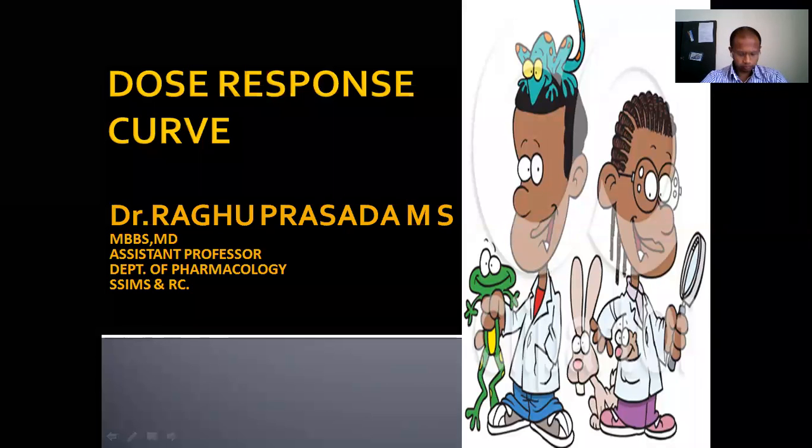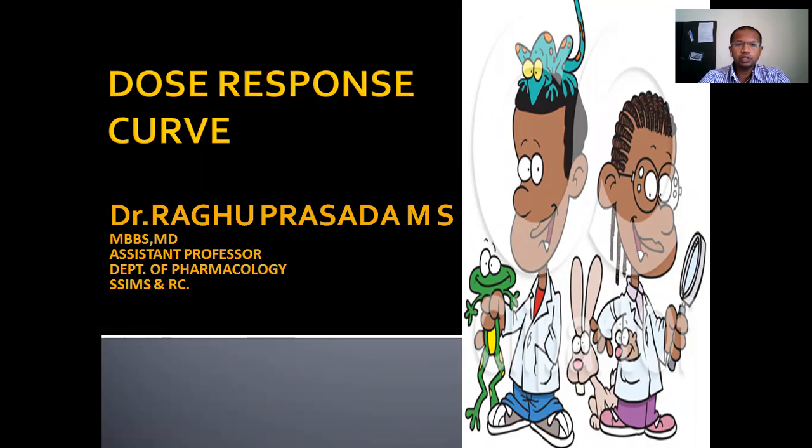So good morning all. Today I'll be teaching you the second part of pharmacodynamics, that is the dose response curve. In the last class we found out that there are so many receptors on which the drugs act. We started with the G protein coupled receptor and the different types of receptors, that is ligand gated receptors and voltage gated receptors.